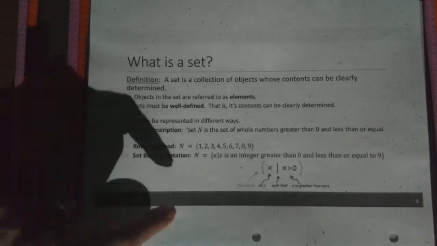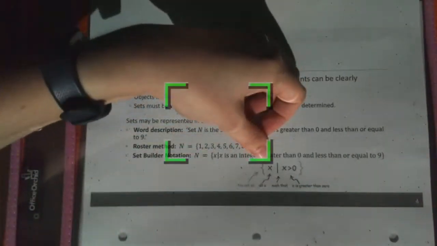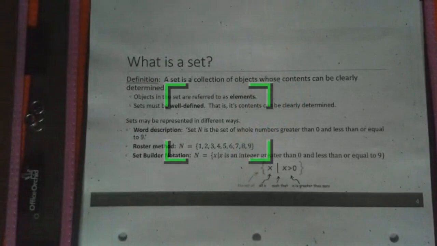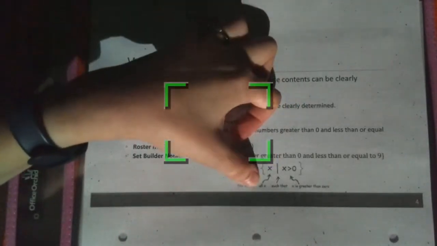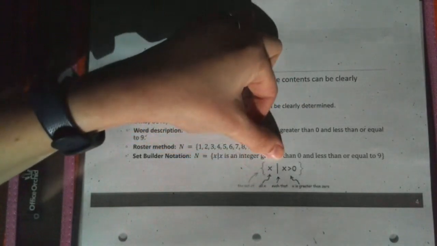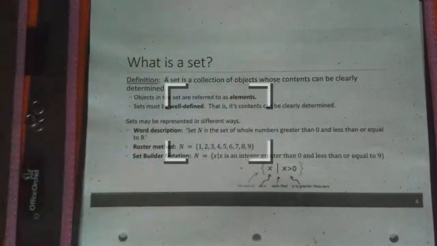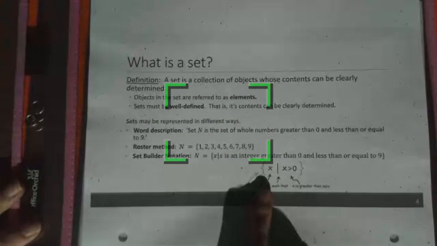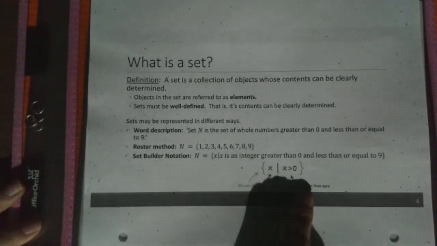When we have these curly brackets, that stands for the set of. The next thing is going to be our variable, which we read as all x. The vertical line stands for such that, and then we read the mathematical statement. In this case, x is greater than 0. So we would read this as the set of all x such that x is greater than 0.